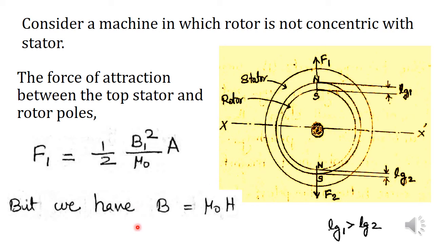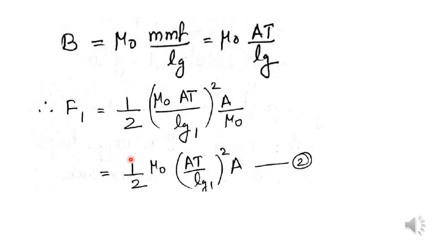But we have B is equal to mu 0 H. So we can rewrite this equation as B is equal to mu 0 into mmf by Lg. That is equal to mu 0 into AT by Lg. AT means mmf.